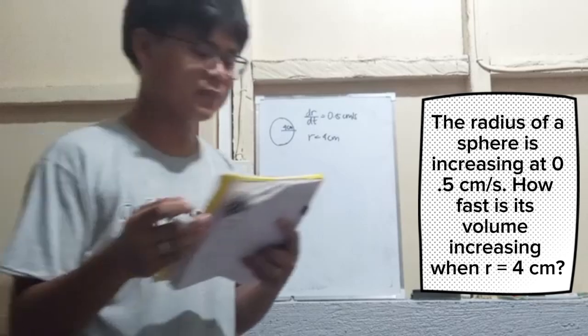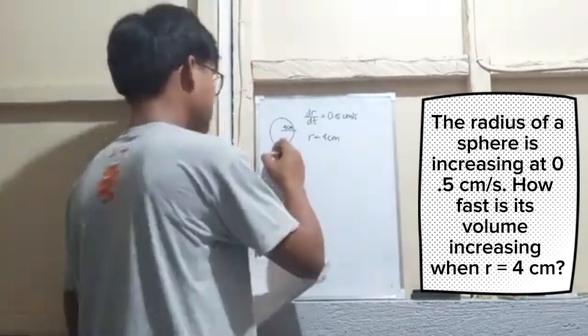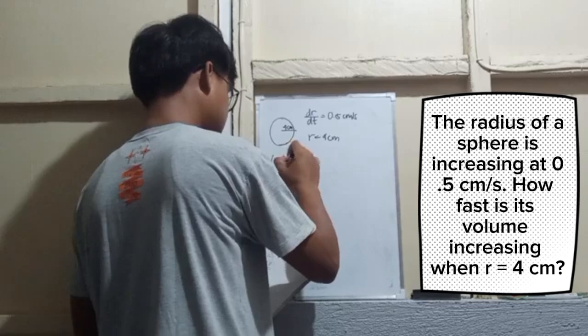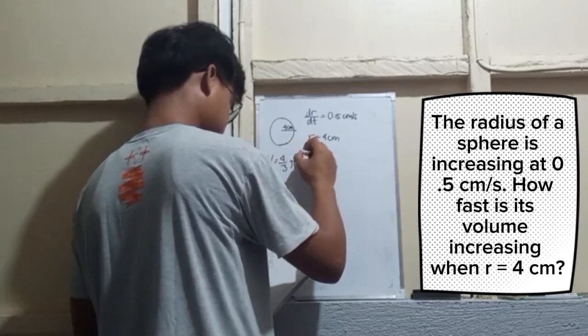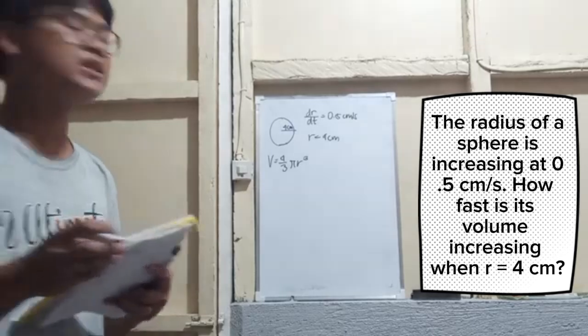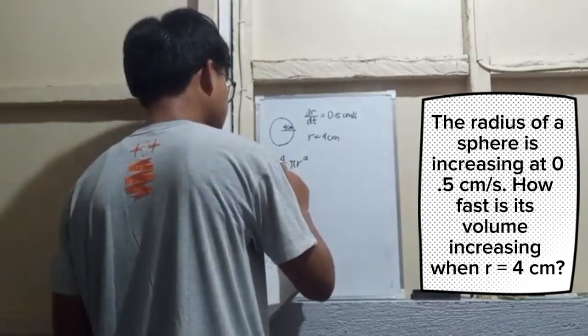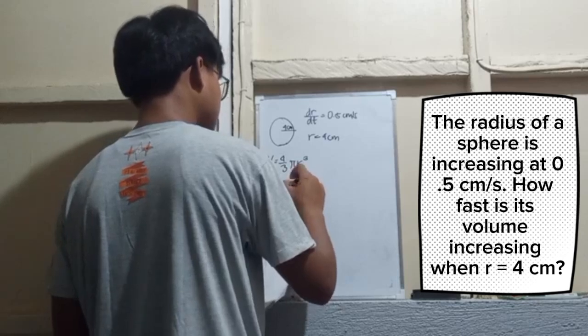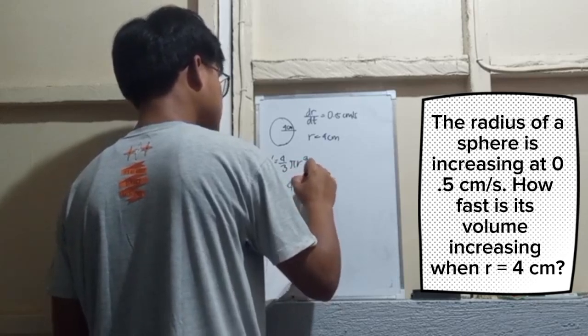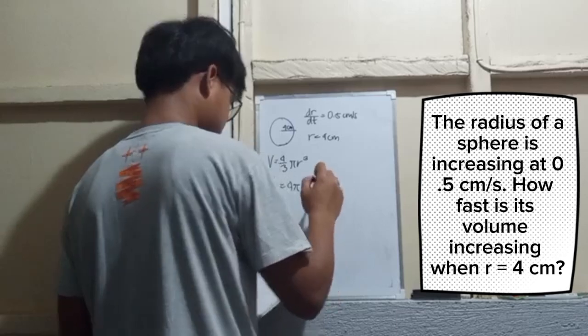The volume of a sphere is equal to 4/3 pi r cubed. Then we'll differentiate the formula so that we will get dV over dt is equal to 4 pi r squared times dr over dt.